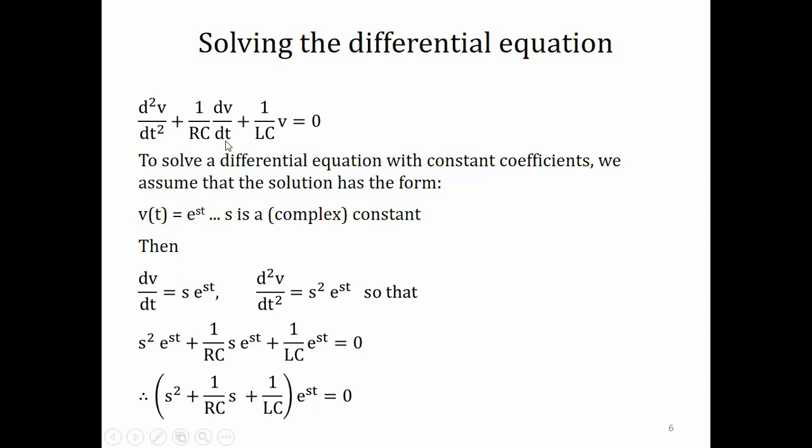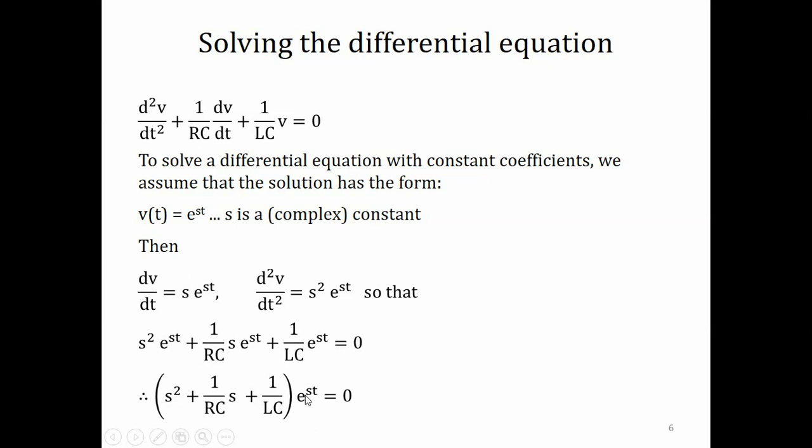So we need dV by dt and d2V by dt squared. dV by dt is s times e raised to st. The second derivative is s squared e raised to st. We substitute all of these here, and we get s squared e raised to st plus 1 by RC s e raised to st plus 1 by LC into e raised to st equal to 0.